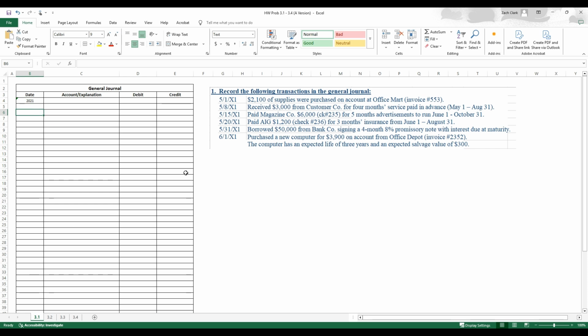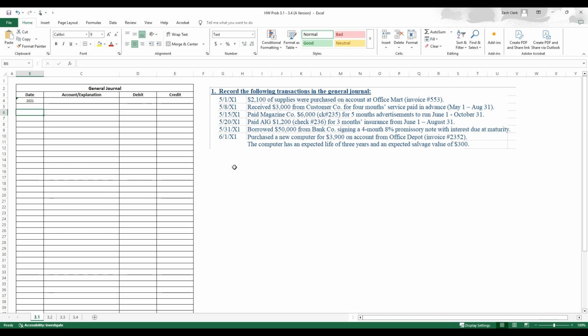Okay, so in the instructions, we're going to record the journal entries for all these transactions, and we're going to make adjusting entries as of 6/30, assuming no adjustments were made in May and $200 of supplies remain on 6/30. And so you will need to make adjustments for each of these transactions.